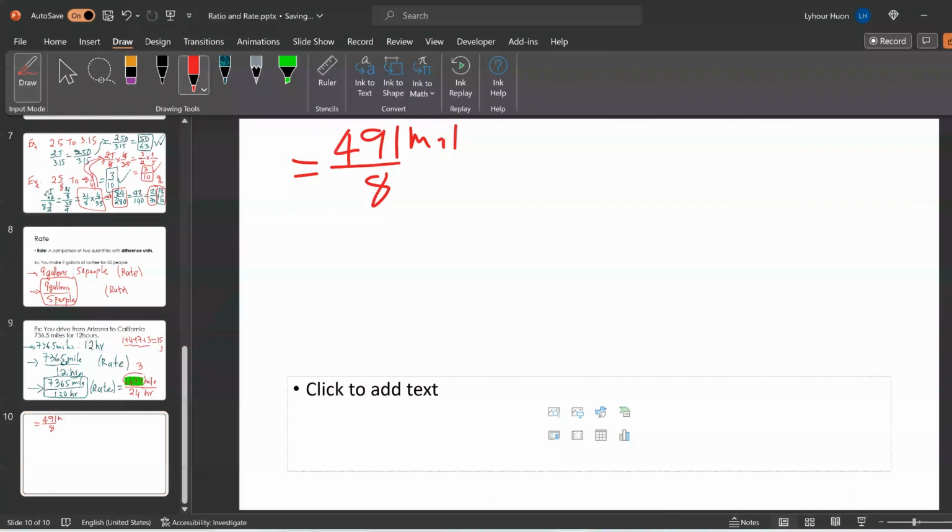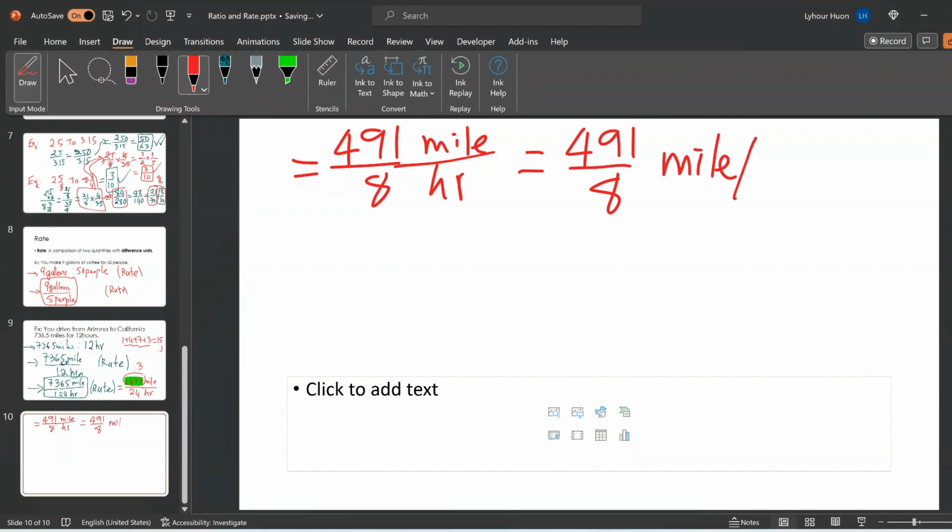Miles over hours, right? Or sometimes you may see something like 491 over 8 miles per hour.